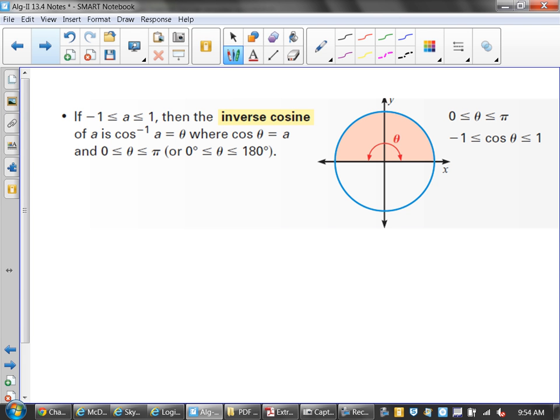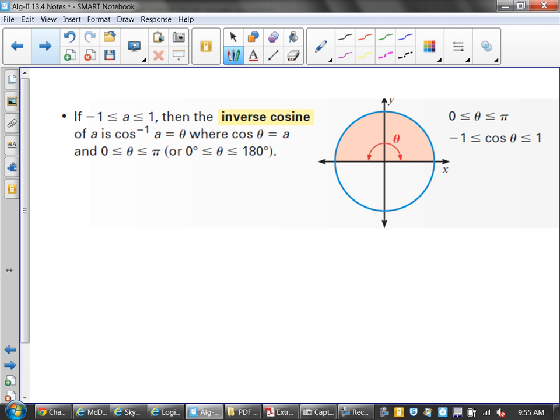This root 2 over 2 occurs here, and it occurs here, at 3 pi over 4. Every time I rotate around the circle, I add 2 pi. We're not at this point yet, guys, so don't worry about this for today.